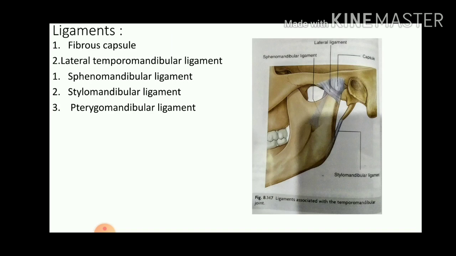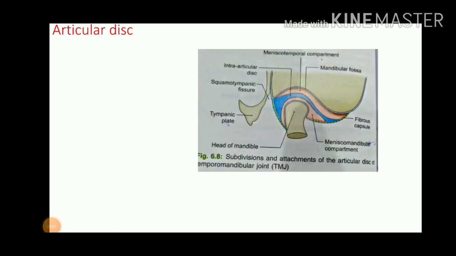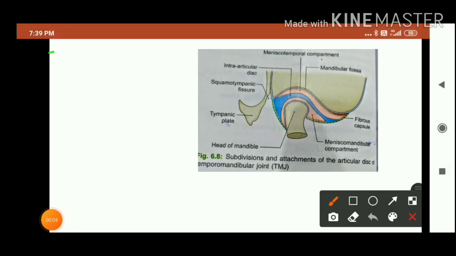Now we come to the ligaments of the temporomandibular joint. What do we mean by articular disc? Articular disc is basically a fibrous plate which divides the joint cavity into an upper and lower compartment.